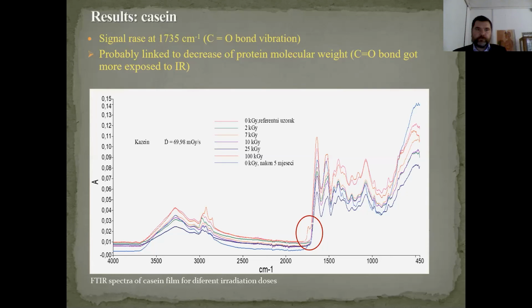The infrared spectra of casein show us only a little change at 1735 centimeters to the minus one. That is a carbonyl bond vibration, and it is probably linked to a decrease of protein molecular weight.